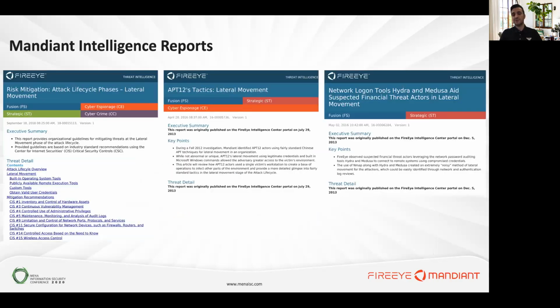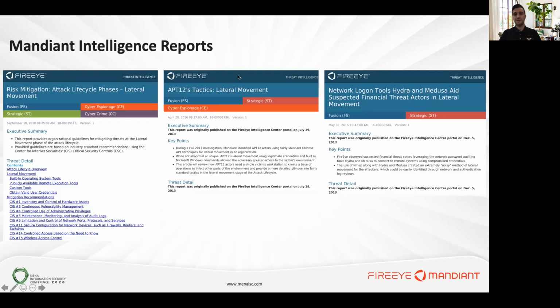So the intelligence reports, we can see here, you will have access to comprehensive reports on the techniques, tactics, and procedures involved in lateral movement. For example, this report on the left side will discuss the organizational guideline for mitigating lateral movement threats, and will provide you comprehensive guidelines based on industry standard recommendations.